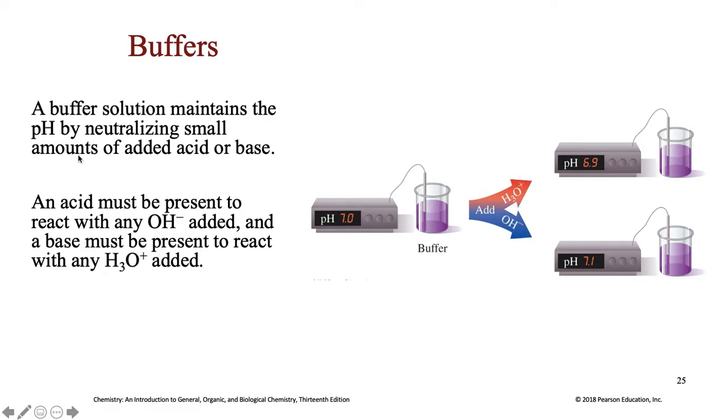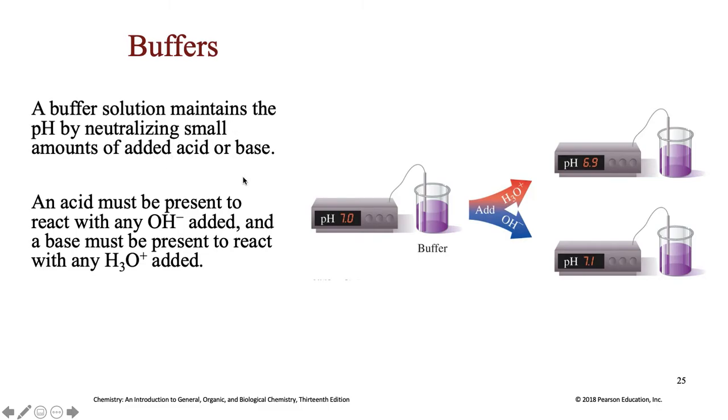A buffer solution is a solution that tends to maintain the pH it has because it neutralizes added acid or base if they're in small amounts. And this is added acid or base, not the base or an acid that's present in a buffer solution. If I add more acid or more base externally, it acts to neutralize those small amounts of added acids or bases.